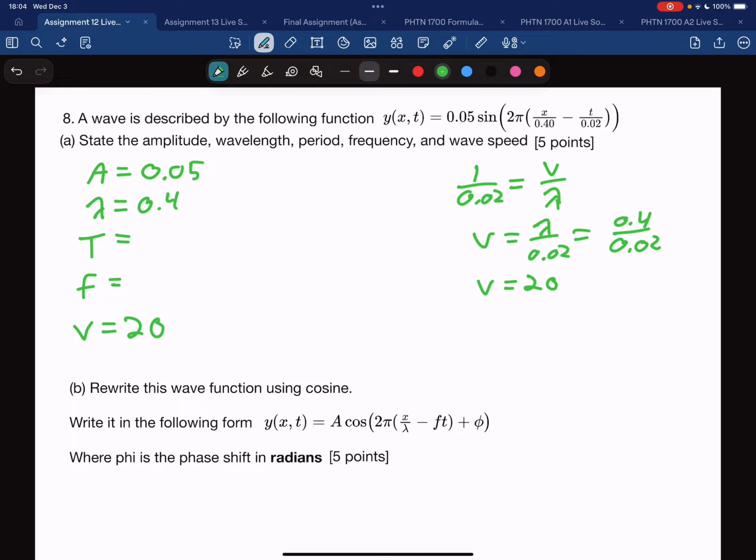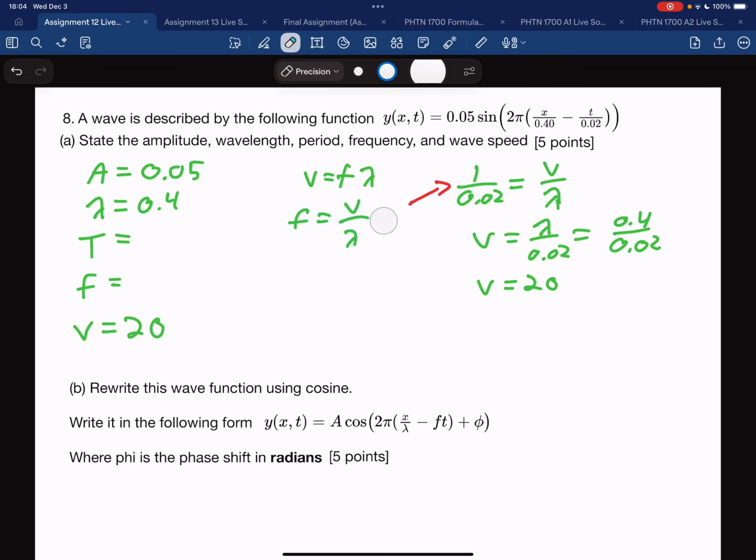We also know from our wave equation that the wave speed is equal to frequency times the wavelength. So rearranging for frequency, that is v over lambda, which we could plug in our numbers for, but we also know that these are the same. These are both equal to v over lambda.